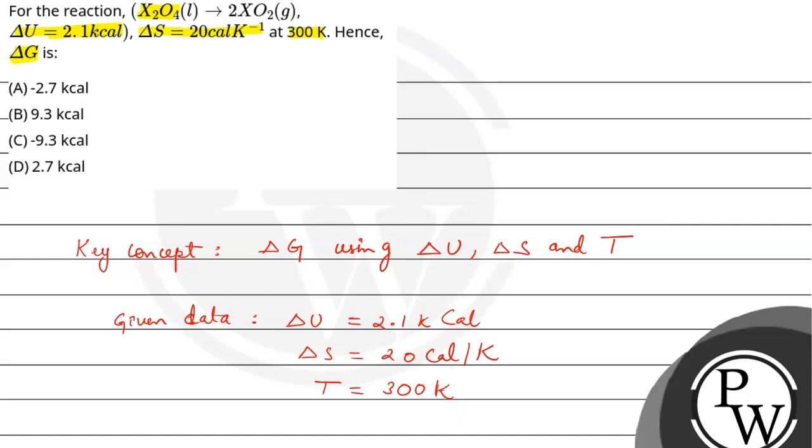Now, we'll convert the units to match the other units. For example, here delta U is written in kilocalorie, but delta S is written in calorie. First, we'll convert delta S in kilocalorie. Delta S is given as 20 calorie per Kelvin.